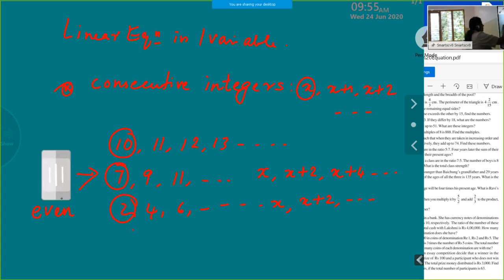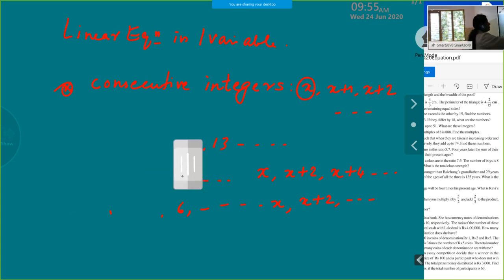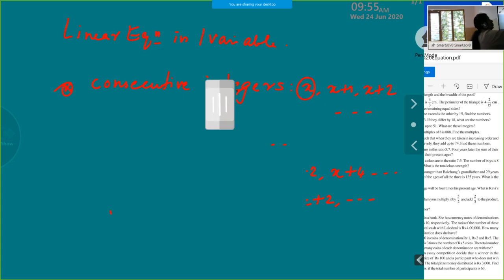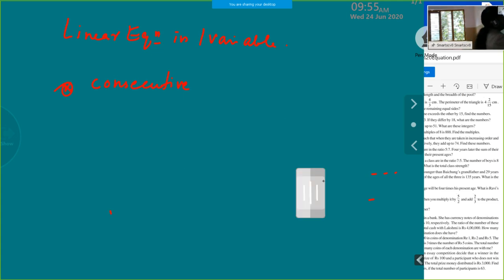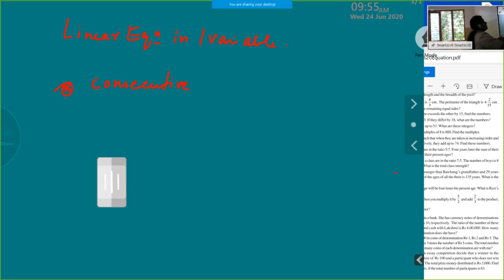Now I am changing the word expression from consecutive integers, odd or even, to multiples of numbers. Consecutive multiples of, say, 3. We know the multiples of 3 start from 3, 6, 9, etc. What is the difference between these numbers? 3.